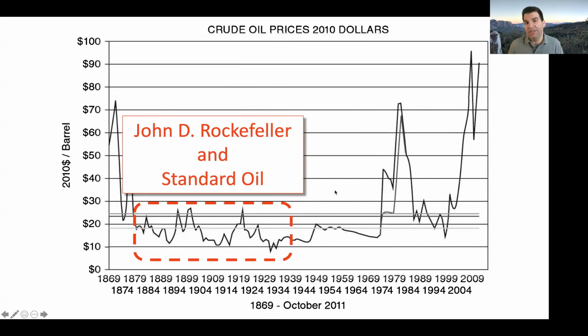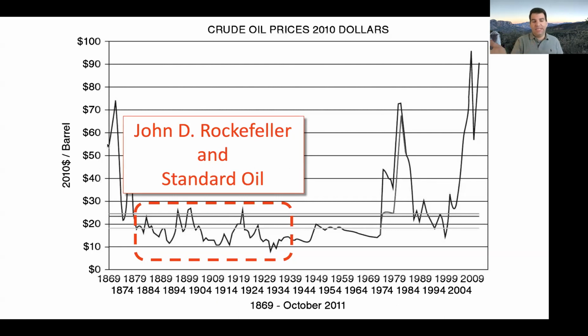And at the instant that happens, you notice the price fluctuations. And by the way, all these are in 2010 dollars, so inflation is already taken care of because these dollars have already been converted to a single currency of 2010 dollars. And so for this period, when Rockefeller controls the oil, you see these oscillations that, again, are internally consistent, but very different from what happened before then.